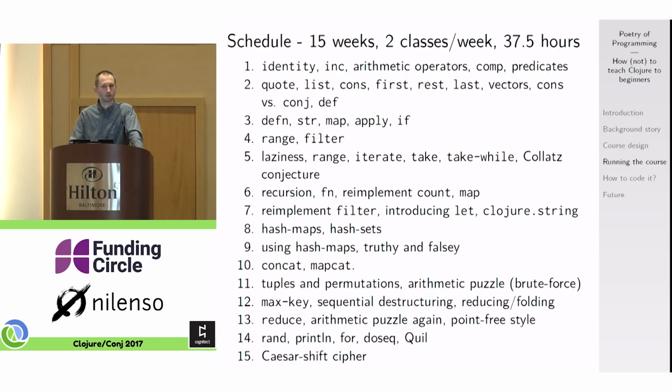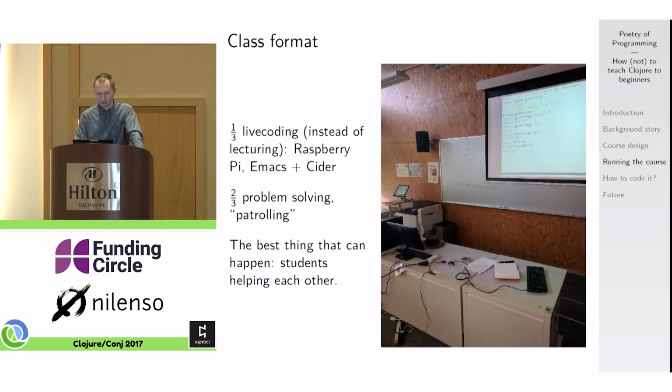I did not introduce mutable functions. I didn't even introduce println, because you don't need it. It's in the REPL, it's already printed. And as you can see, I did recursion first and then reduce later, which I will do the other way around next time.